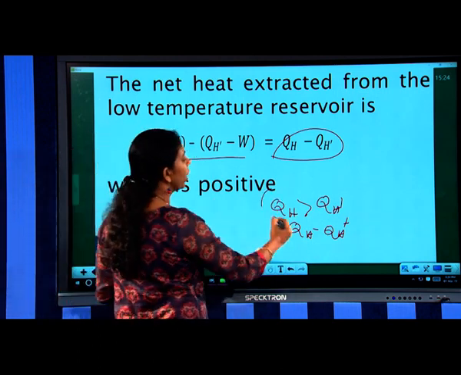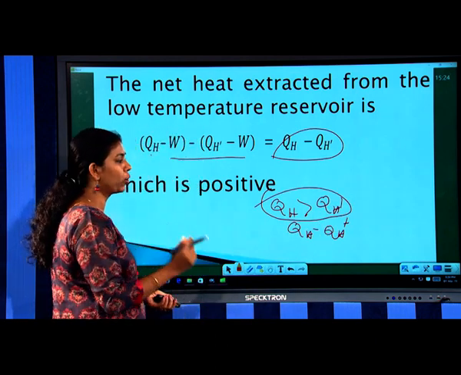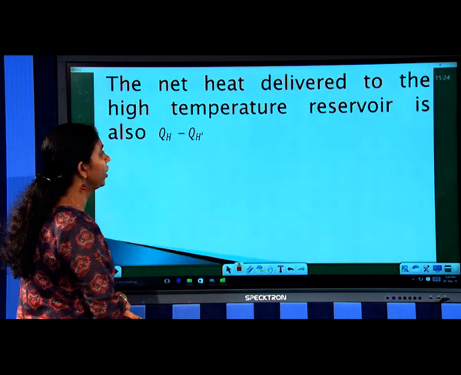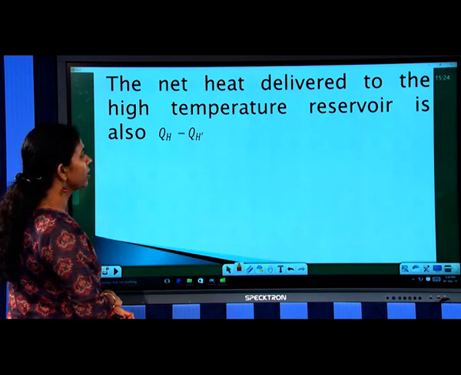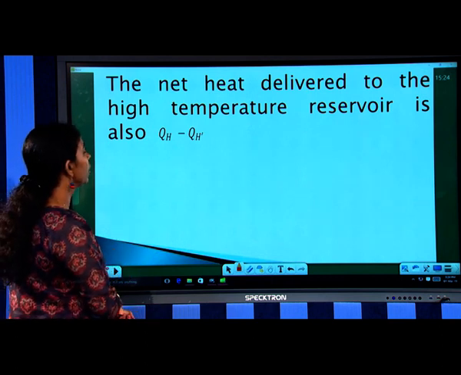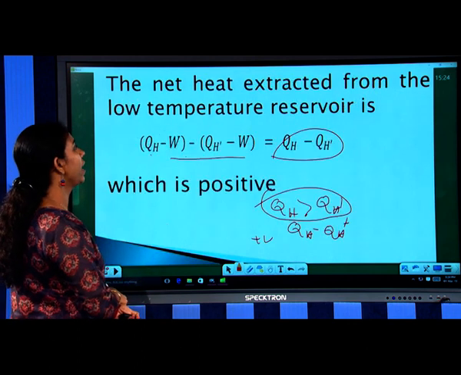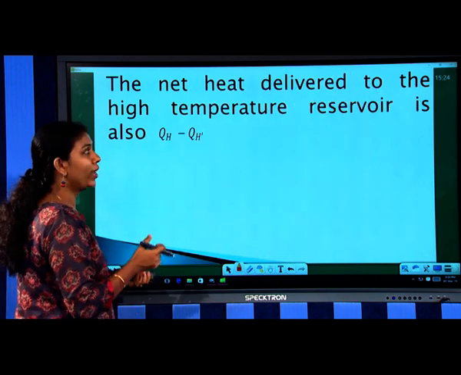It is already found that QH is greater than QH dash, hence QH minus QH dash is positive. And this is the same as the net heat delivered to the high temperature reservoir. That means the net heat delivered to the high temperature reservoir is equal to the net heat extracted from the low temperature reservoir without doing any work.